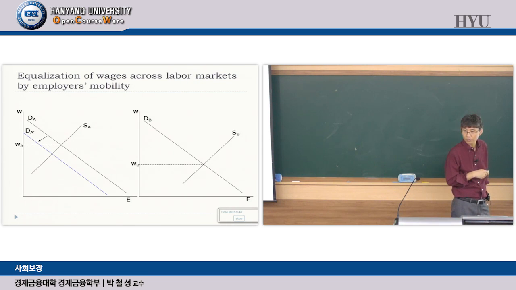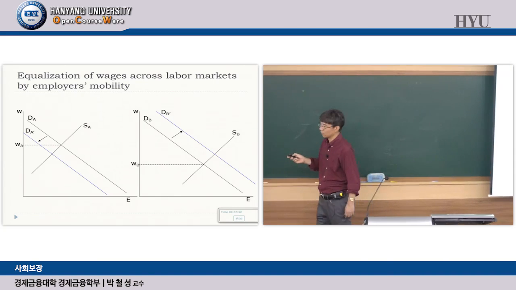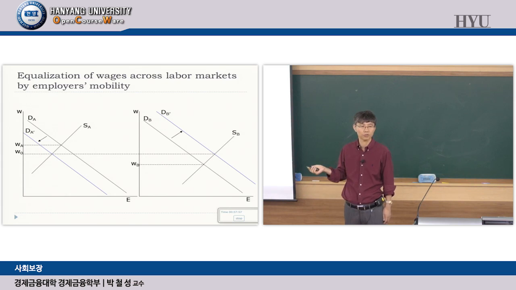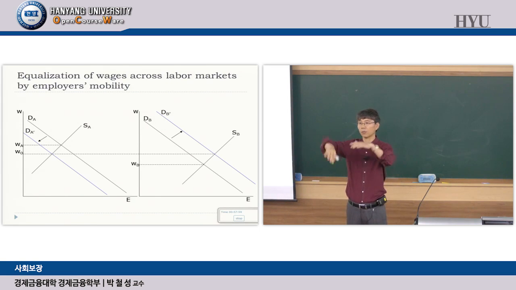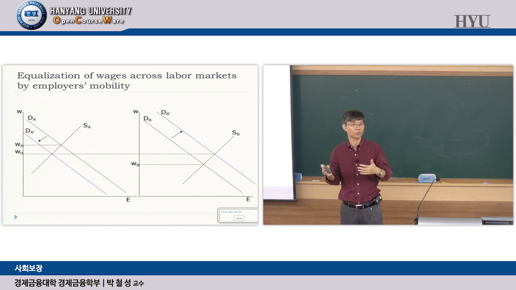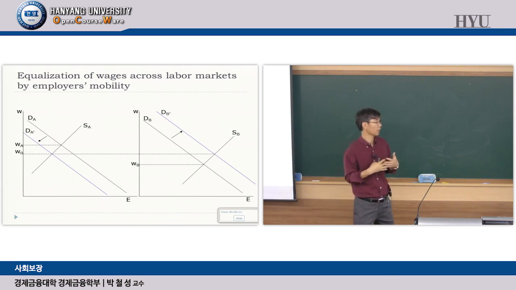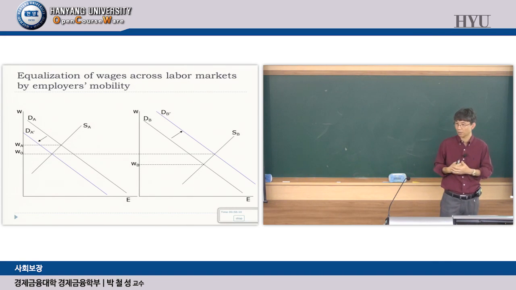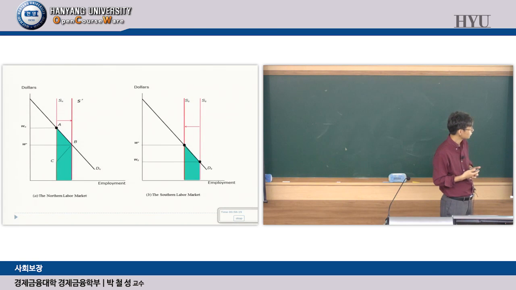So in Seoul, firms will move out, so labor demand will shift to the left. And in Busan, more firms want to hire, so labor demand will shift to the right. At the end, wages should be equal. So as long as there is a wage difference, either workers will move or firms will move, and at the end, they should be equal. But as I said, in reality, that's not necessarily true, because there is a cost of moving.